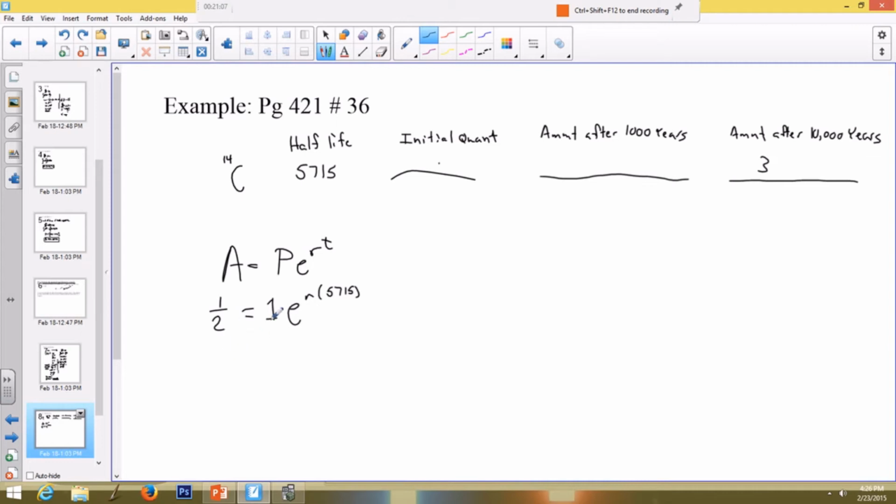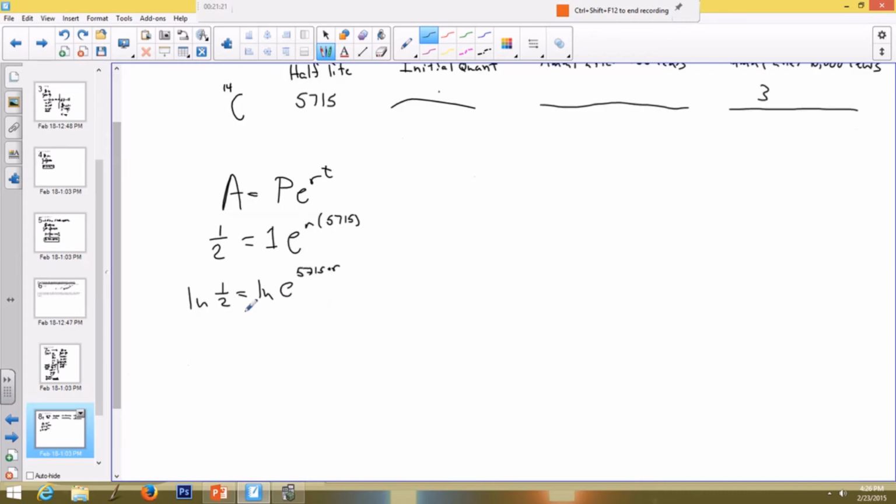So we'll solve for r. I've got 1/2 equals e to the 5715 times r. We're going to take the ln of both sides. The ln of 1/2 is equal to 5715 times r, since ln and e cancel out, and r equals the ln of 1/2 over 5715.